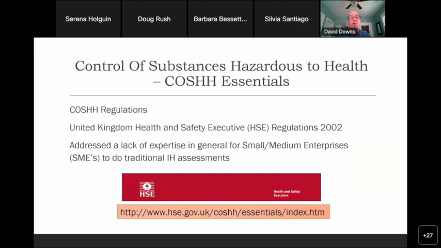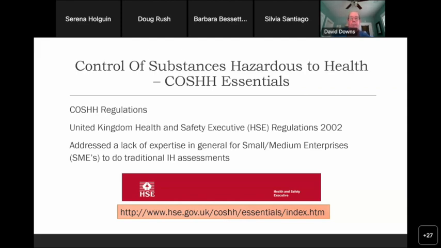Control of Substances Hazardous to Health, or COSHH, was developed based out of a set of regulations in the United Kingdom, from the Health and Safety Executive, that came out in 2002. What the HSE basically said was that if you're using chemicals in your process, you need to do a risk assessment.